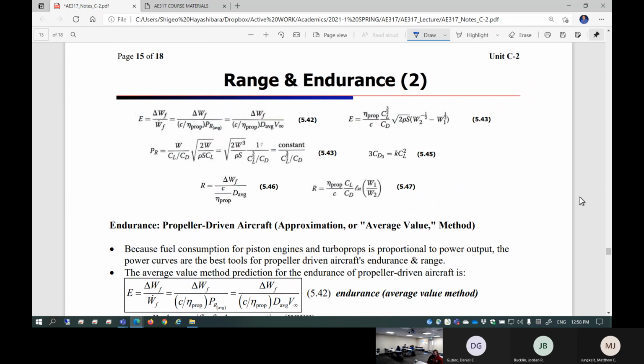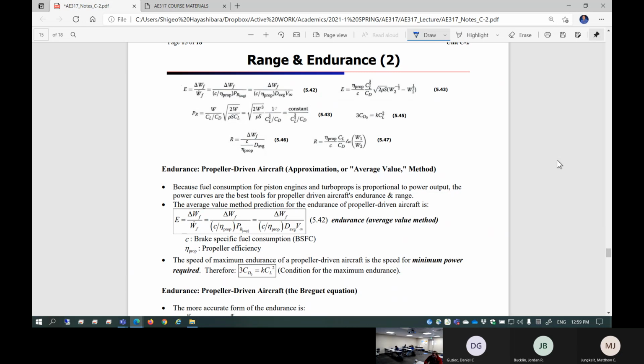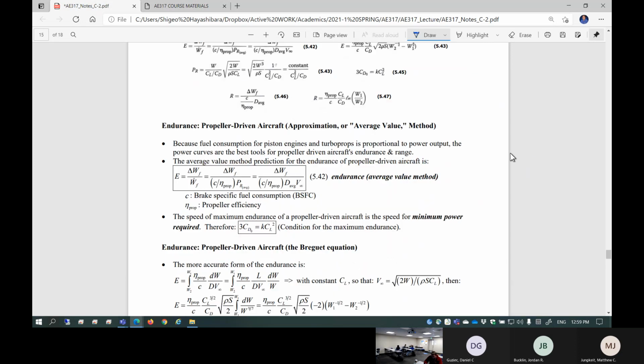So this is range and endurance for propeller-driven airplane, which is completely different from turbojet turbofan. If you are talking about propeller-driven airplane, you're not going to talk about the TSFC, but something called brake-specific fuel consumption.